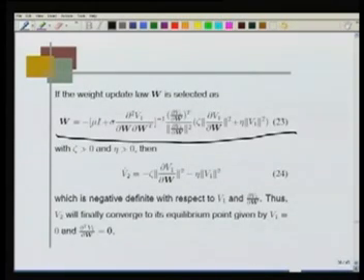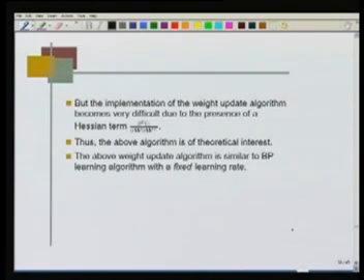So, obviously it cannot be applied online, but the algorithm that we presented today is applicable online. Implementation of this weight update algorithm becomes very difficult due to the presence of the inverse of the Hessian term. So, the above algorithm is of only theoretical interest.